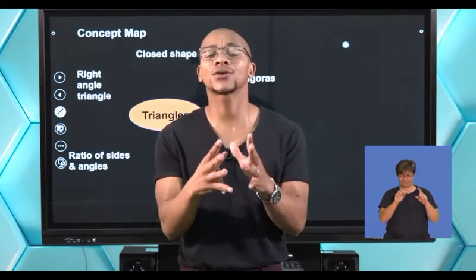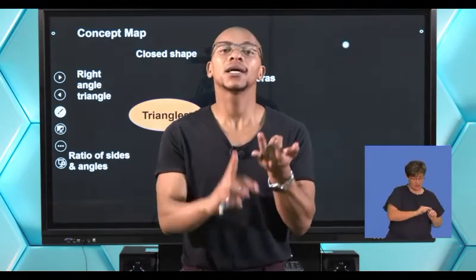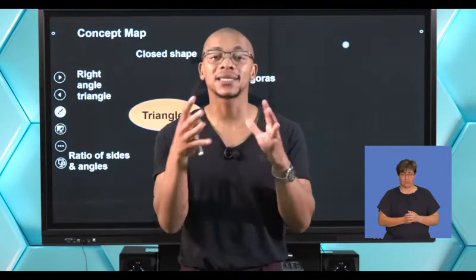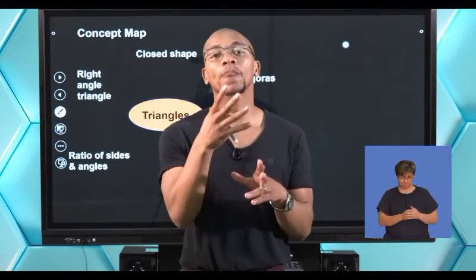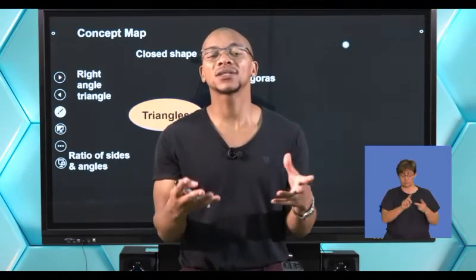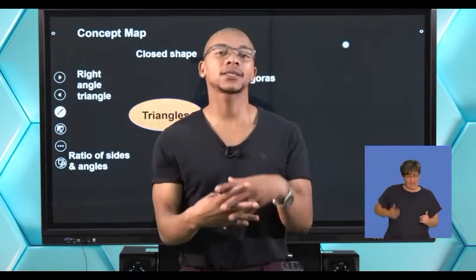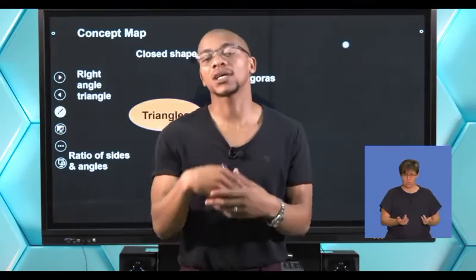So just make sure that it is the longest side and also opposite 90 degrees in a right-angled triangle. We also looked at how I can find sides, given maybe one side or given two sides.